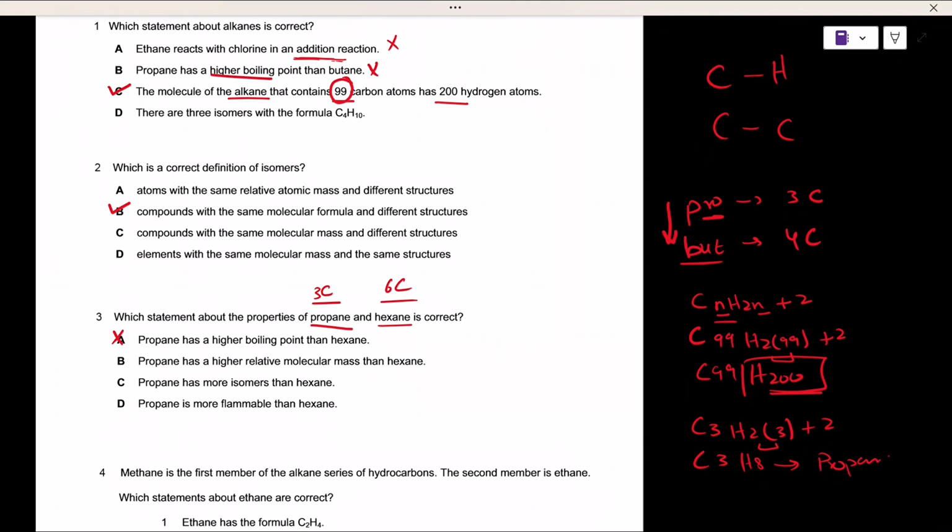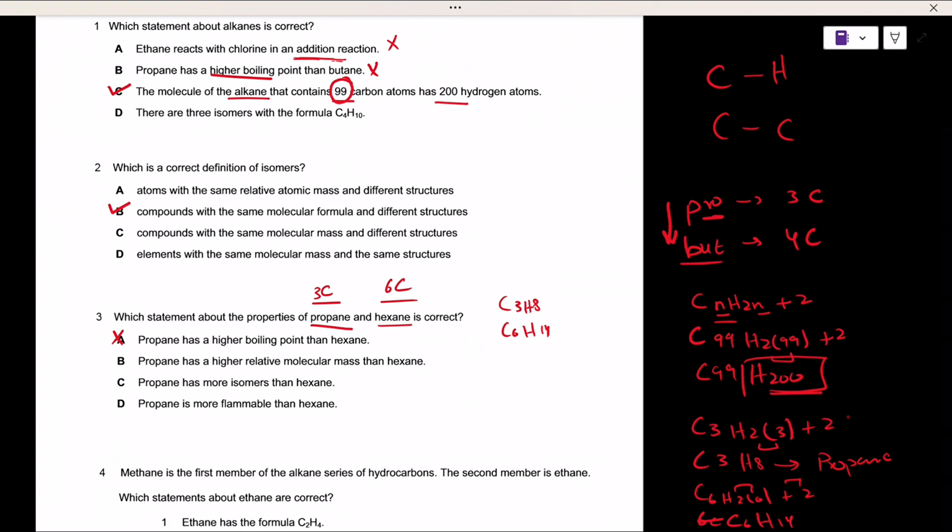In the same way, we'll calculate it for hexane. Hexane is 6 carbon, right? So this is C6H2 times 6 plus 2, so 12 plus 2 is 14. So C6H14. So propane is C3H8 and hexane is C6H14.